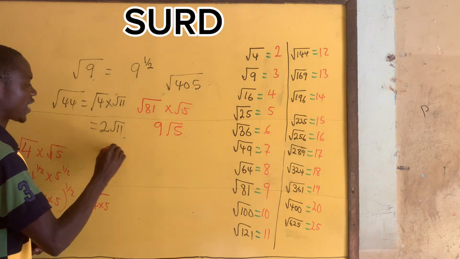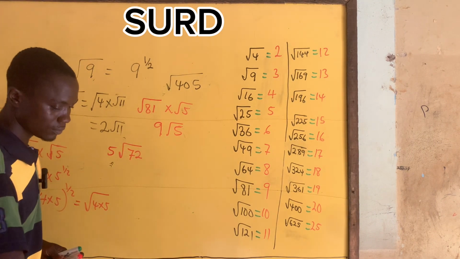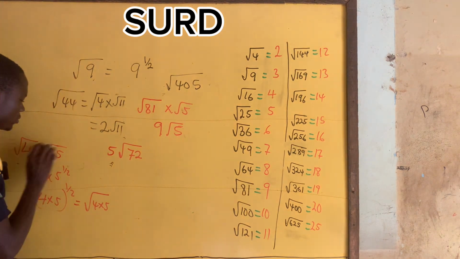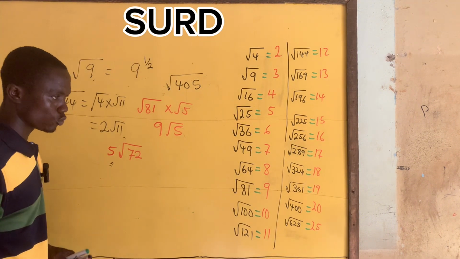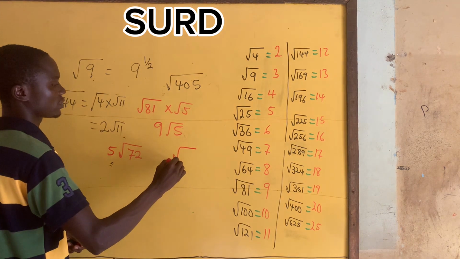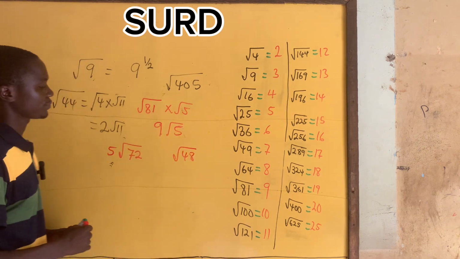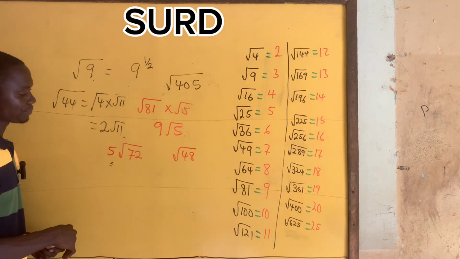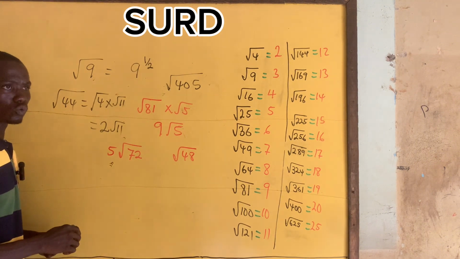If I have 5 square root of 72, wow. Now, somebody is also asking this question. Let me put root 48 here. You come back to it. But let's do this first. 5 times square root of 72.